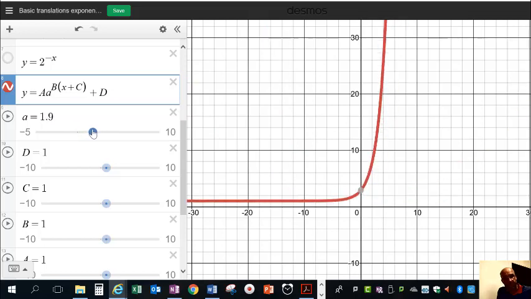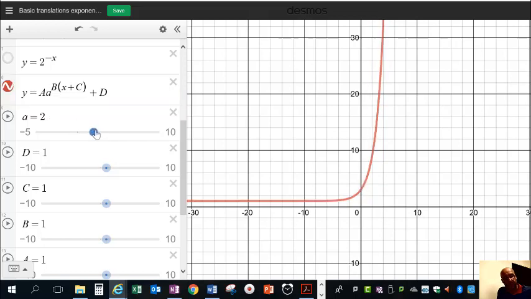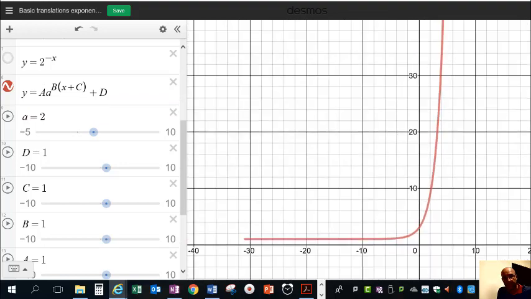Let's just set it and then forget it. Let's set that on something easy like a base of 2.